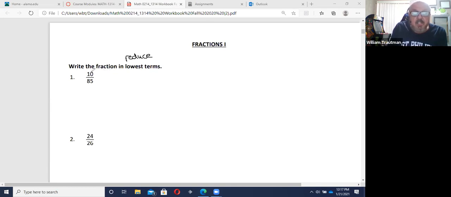Something that ends in zeros and fives can both be divided by 5. 10 divided by 5 is 2, and 85 divided by 5 is 17. So the answer is 2 over 17. You see, 2 and 17 can't divide anymore. They don't have any other numbers to divide in, and so we're done. So that answer is 2 over 17.